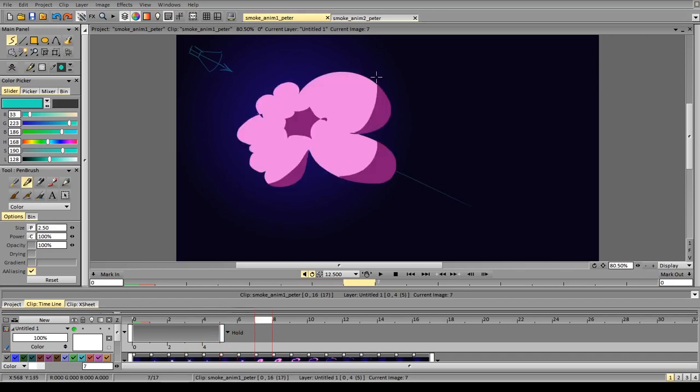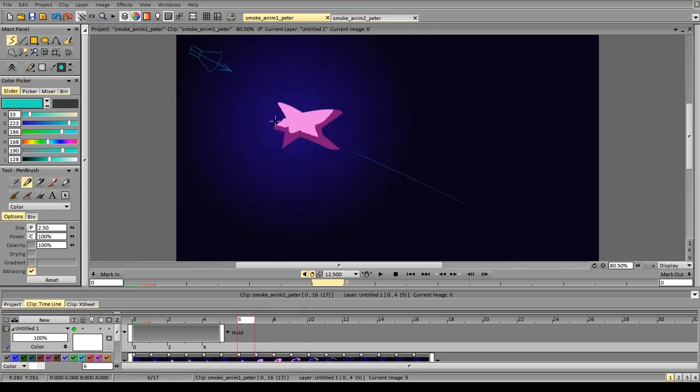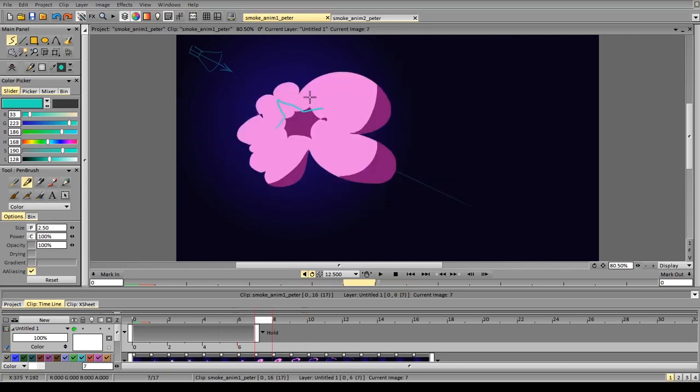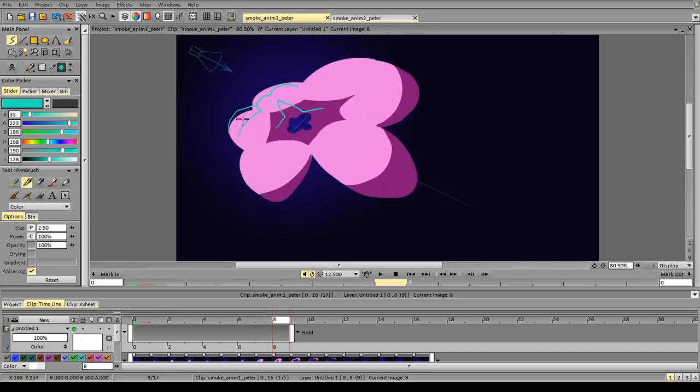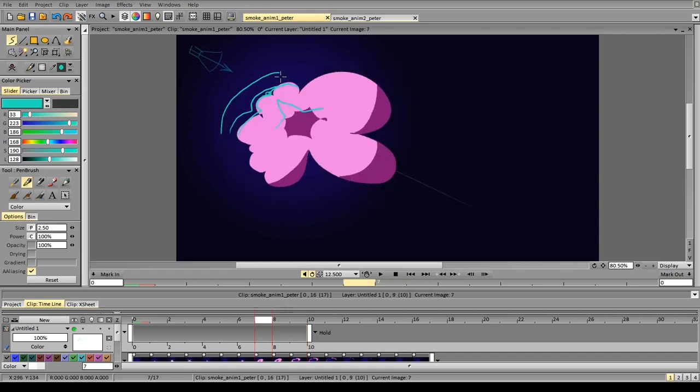The second thing is the spacing of the smoke. So it goes like this, then goes like that, and then it decelerates suddenly, especially here, and then it accelerates and changes the shape completely.